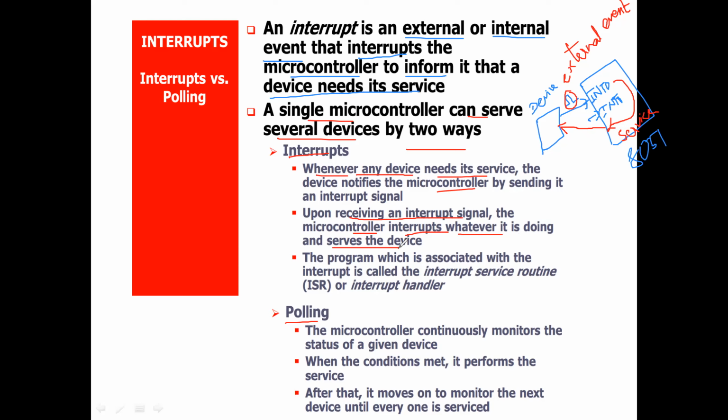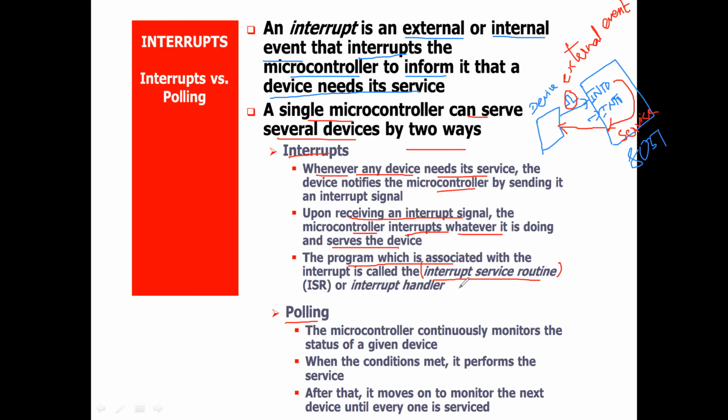The program associated with the interrupt is called the interrupt service routine or interrupt handler. For example, to serve this particular device, there is a set of programs which has to be loaded in one of the locations. That location is what we call the interrupt service routine.